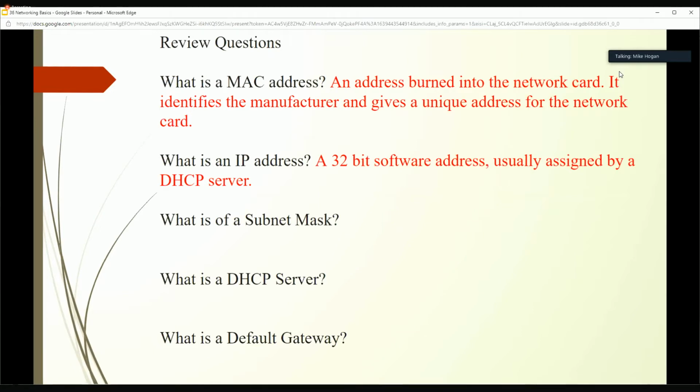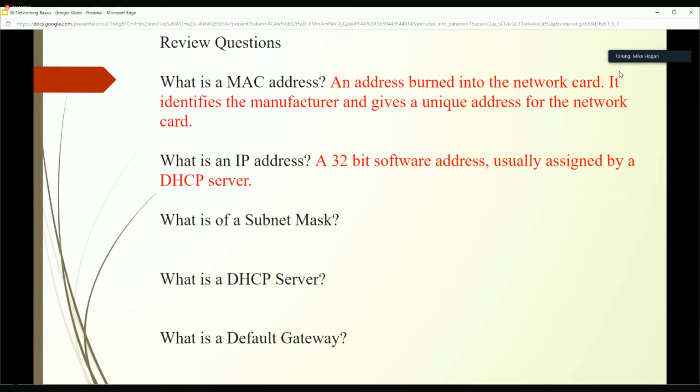What's the purpose of a subnet mask? To mask the subnet. Good try. Now keep in mind, our IP address identifies the entire address of not only the network, but also the host on the network.